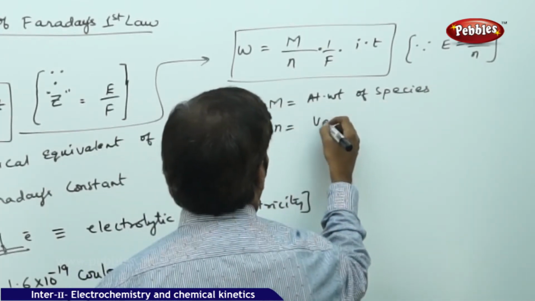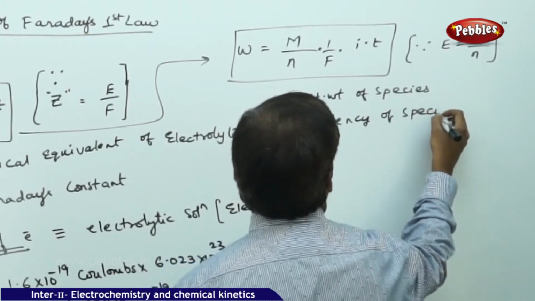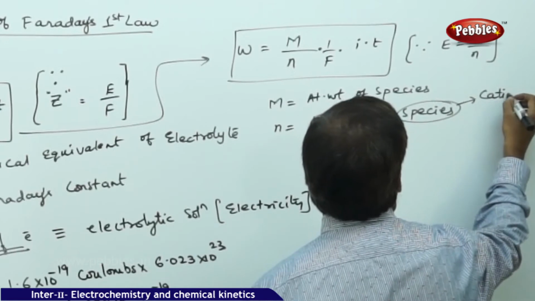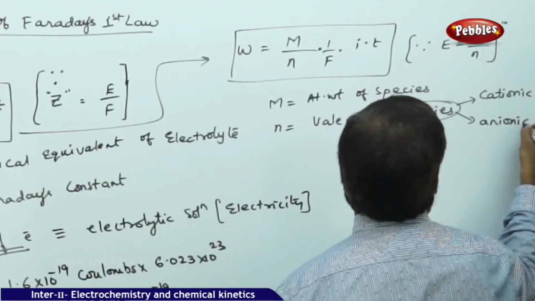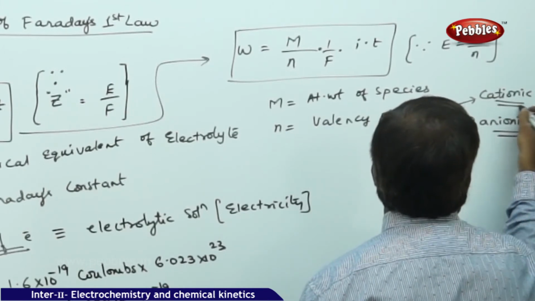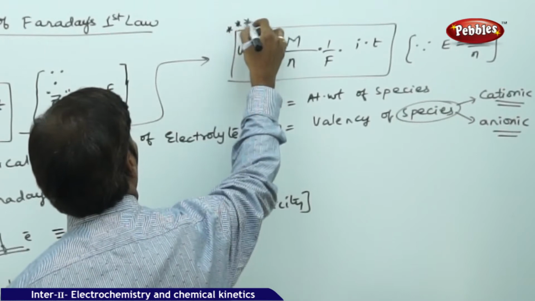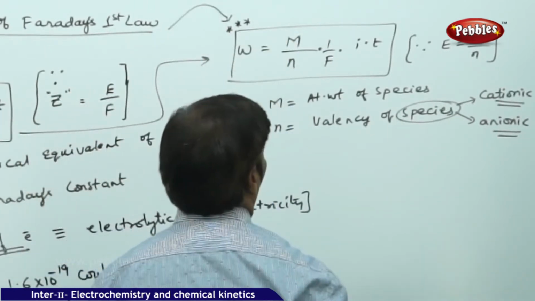N is the valency of the species. When I say species in electrolysis, the species can be cationic or anionic. So this is the complete expanded formula of Faraday's first law.